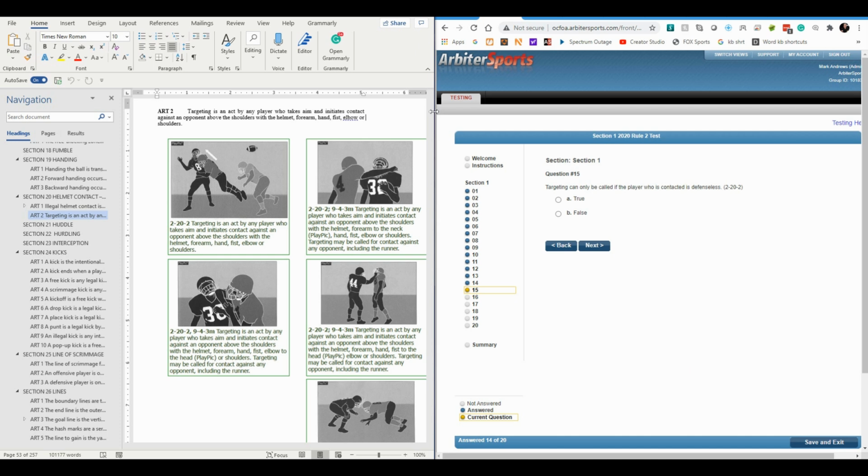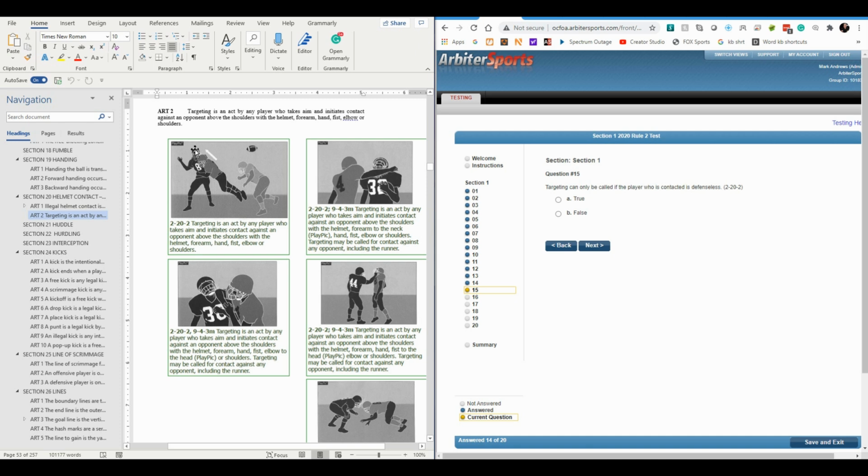Targeting is contact above the shoulders. Remember that. Initiates contact against the opponent above the shoulders with the helmet, forearm, hand, fist, elbow, or shoulders. And I'll add this to that. If the defender contacts a player, say he contacts him right here above the numbers, so the initial contact is below the shoulders, but the upward thrust continues on up into the helmet area, that is still targeting.